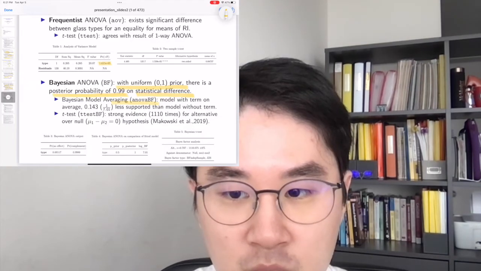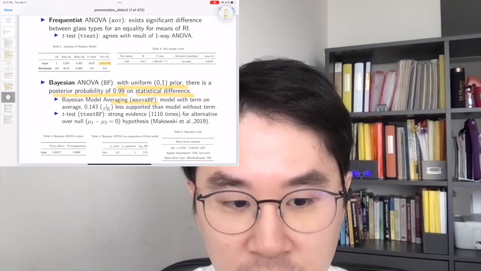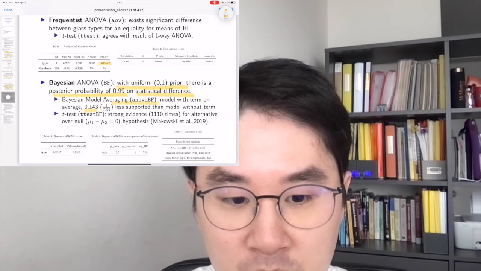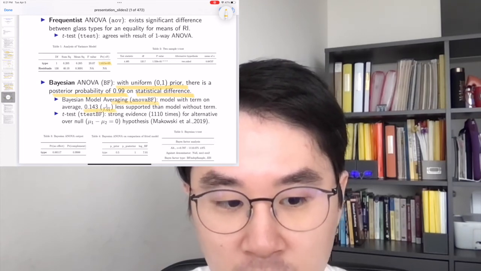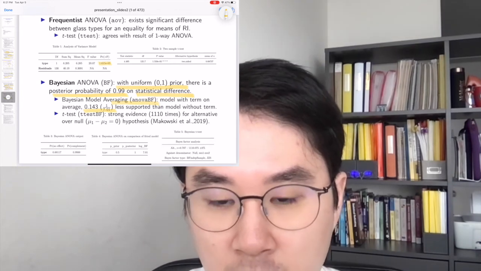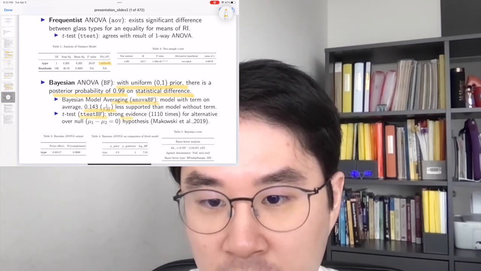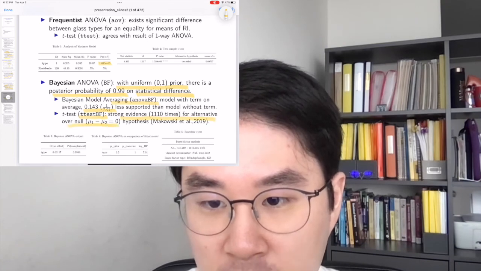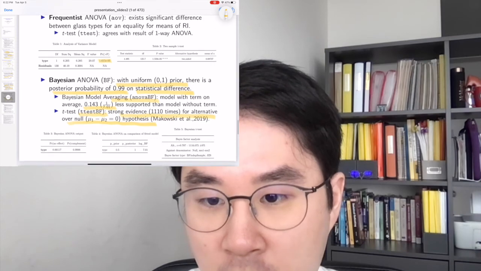Bayesian model averaging uses anovaBF and examines the term inclusion Bayes factor. A model with the term is on average 0.1427 times less supported than the model without the term. The Bayesian two-sample t-test agrees with anovaBF that there is strong evidence, 1110 times, for the alternative model over the null hypothesis.